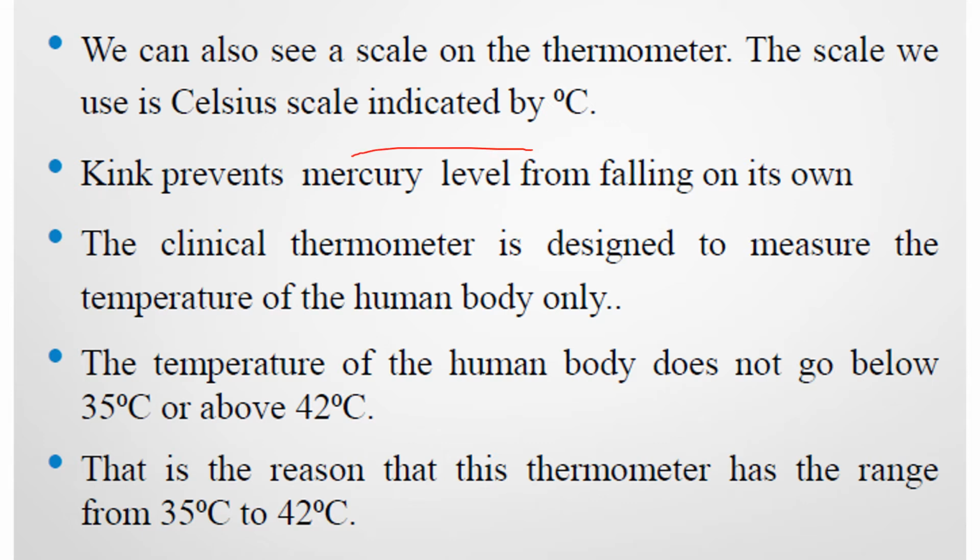The clinical thermometer is designed to measure the temperature of the human body. The temperature of the human body does not go below 35 degrees Celsius or hindi siya pwedeng tumaas ng 42 degrees Celsius.